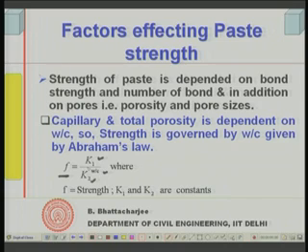In other words, it is inversely related to the water cement ratio. And why is it inversely related? Because a high water cement ratio results in large size pores and also results in a large volume of pores. So, from fundamental principles we can explain why strength of concrete is inversely related to water cement ratio.